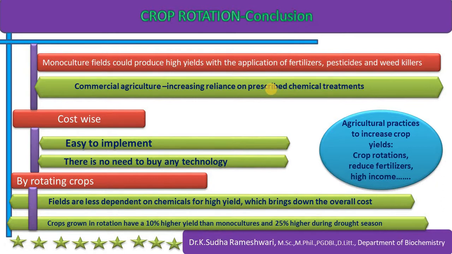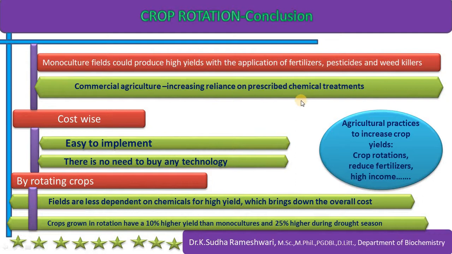Large-scale commercial agriculture has an increasing reliance on prescribed chemical treatments. However, the effect on human health and soil fertility has caused many farmers to go back to crop rotation, the natural way, although chemicals are still being used.